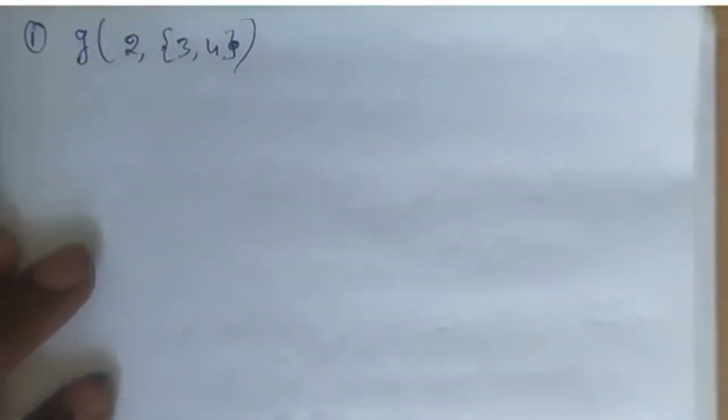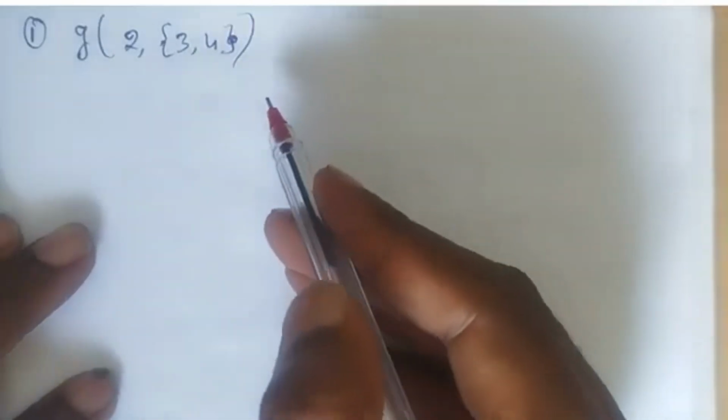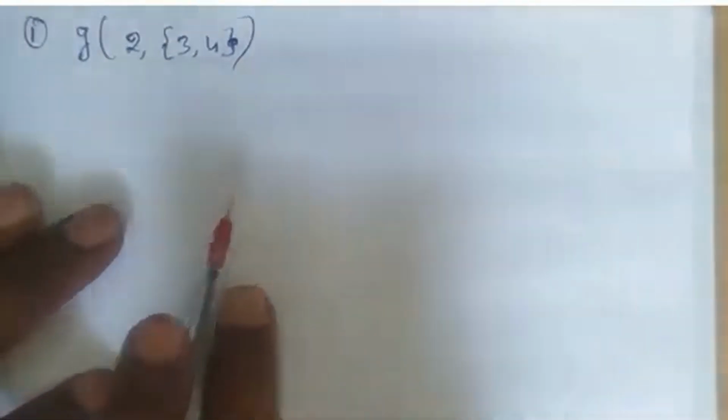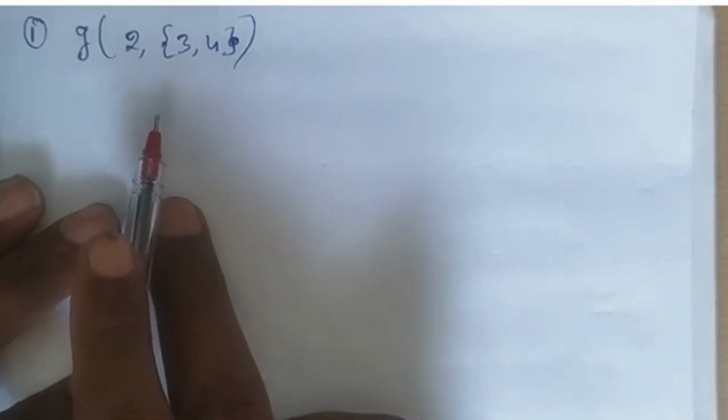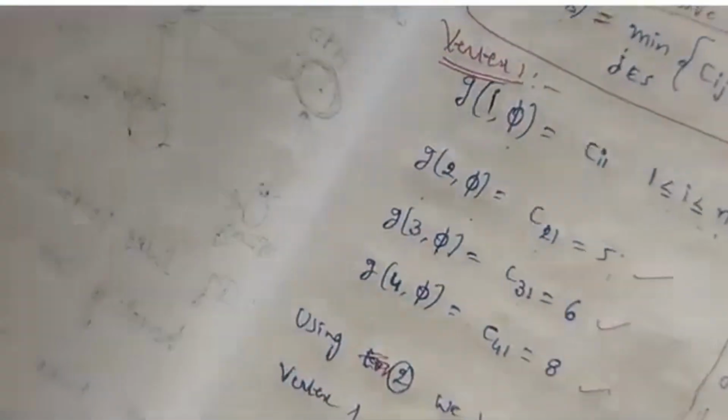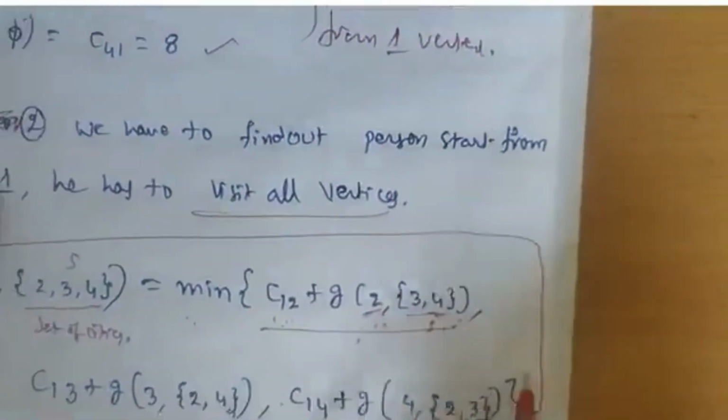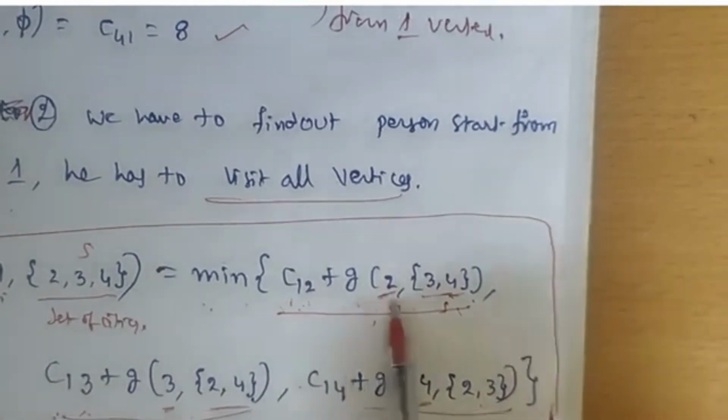Okay, now how to calculate? To calculate individually you have to do the calculation. Okay, here I am taking C of the first part. G of, okay, see here in this one. I am taking G of 2, 3, 4.